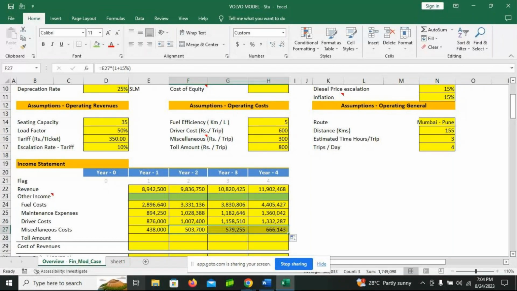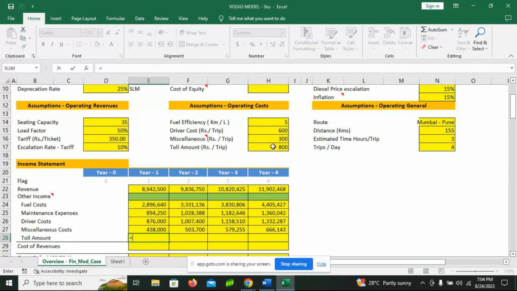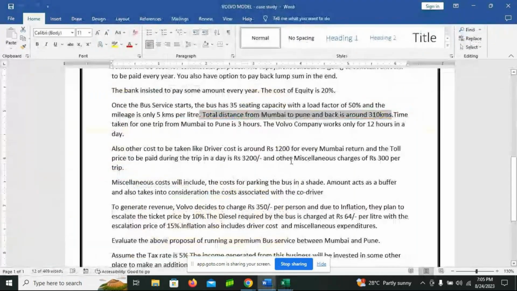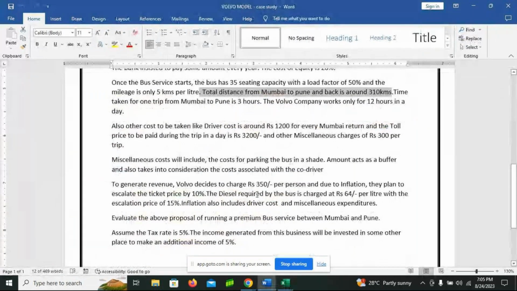Then toll amount. So toll amount I need to calculate, equals toll amount is 800. So 800 into 4. So I need to calculate it for 365 days. Is there any escalation they have said? No, they have not mentioned anything.